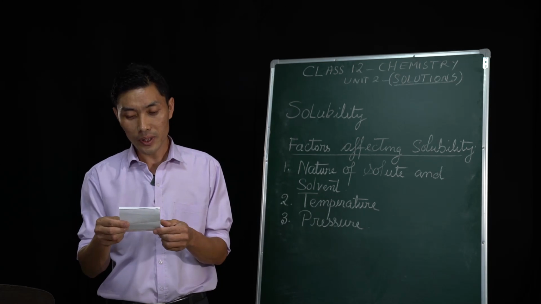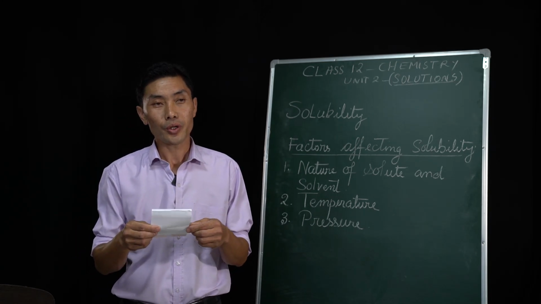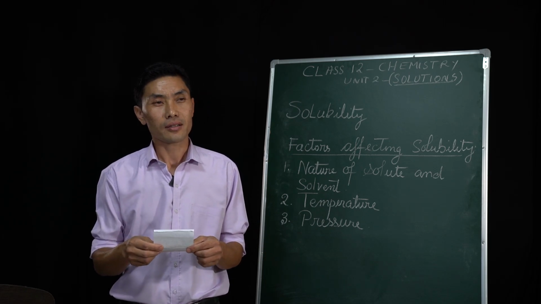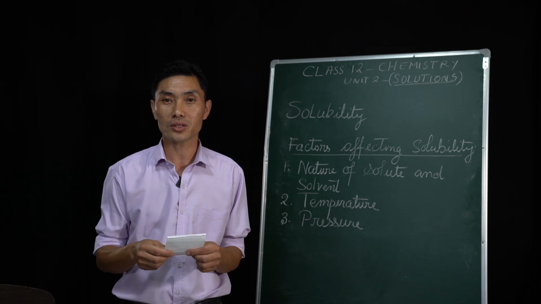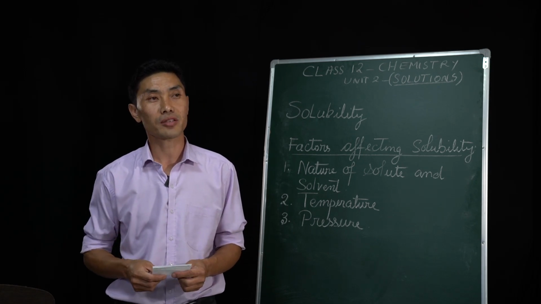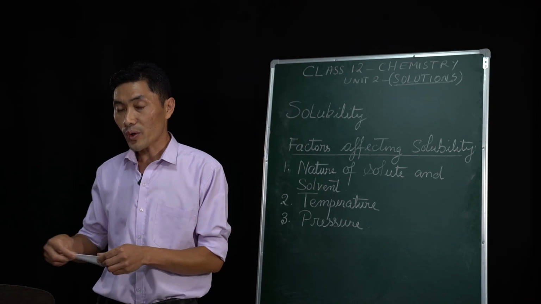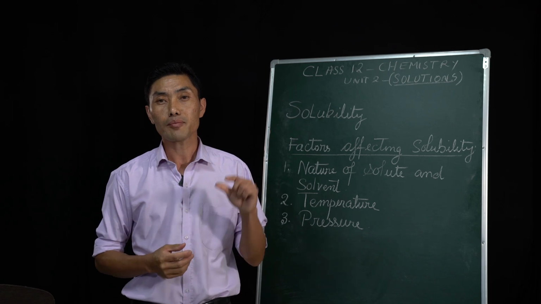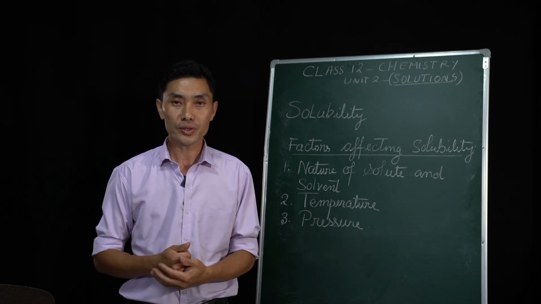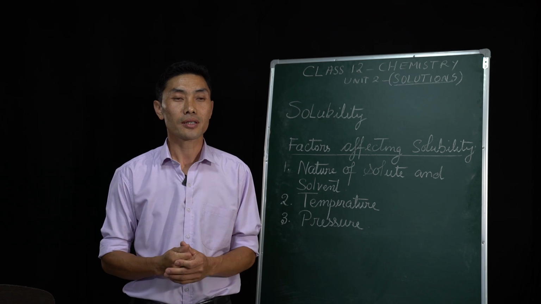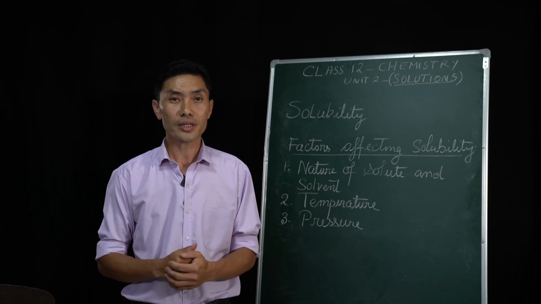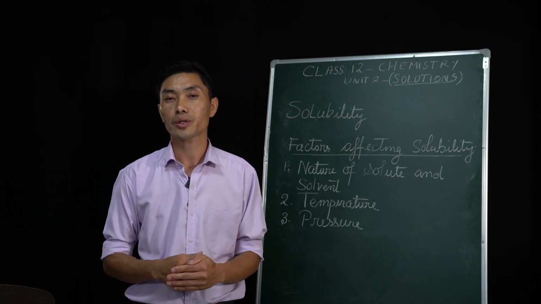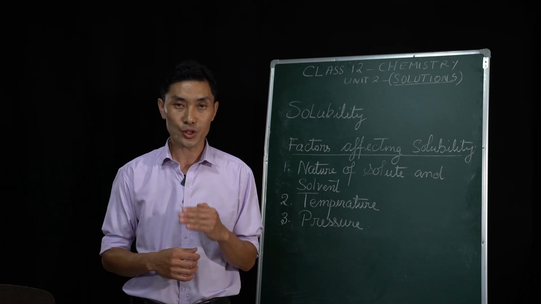Now, I want you to go back to what we discussed in the previous class. We discussed 6 methods of expressing concentration of a solution. In the third method, to find the mass by volume percentage, I mentioned that it is given by mass of the solute divided by volume of the solvent.